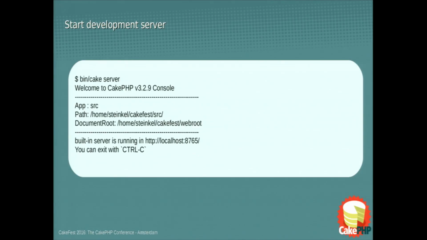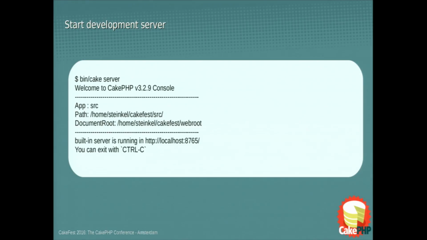CakePHP provides bin/cake, which is the entry point for running any of the shells provided by the CakePHP framework itself or your own shells. You can use CakePHP also as a foundation or a framework for building shell applications. If you need to do specific tasks on your projects that are not related to a request, or worker actions or heavy loads that you need to run outside of the scope of a request, maybe a shell could be a good option for you.